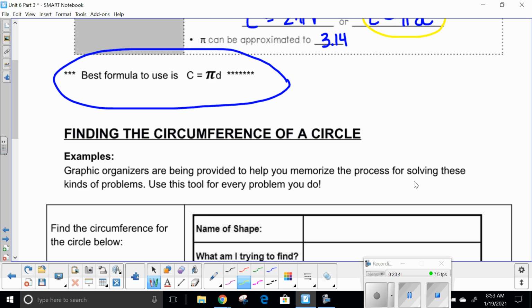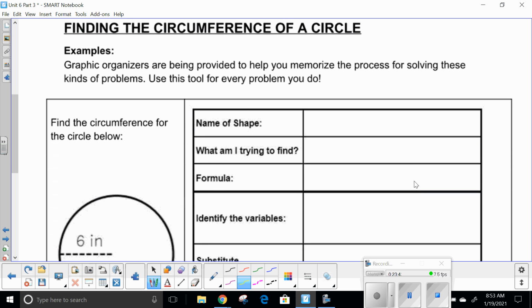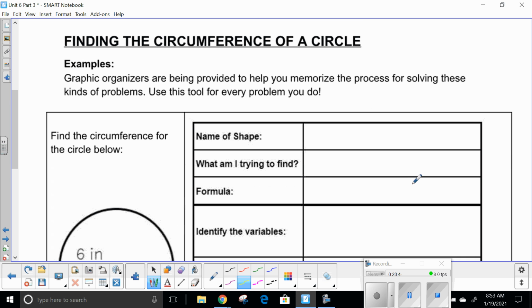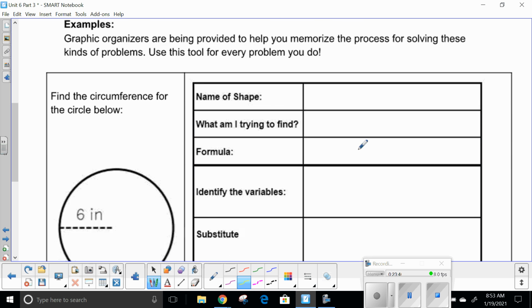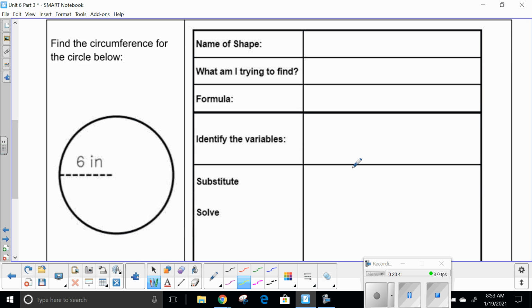All right. Now, somebody commented about why the packet was pretty thick. This is why. Every problem, I'm giving you a graphic organizer to help us learn how to set these types of problems up.